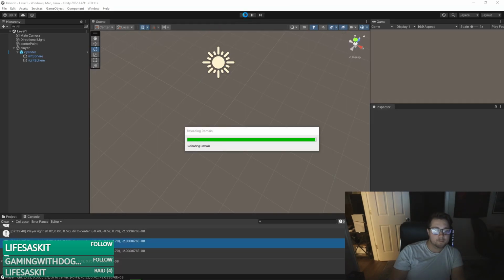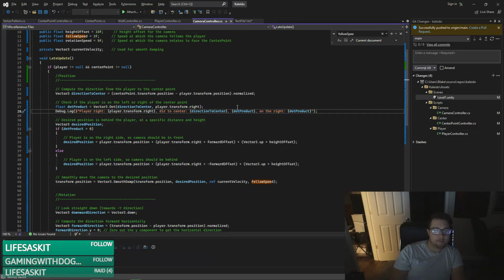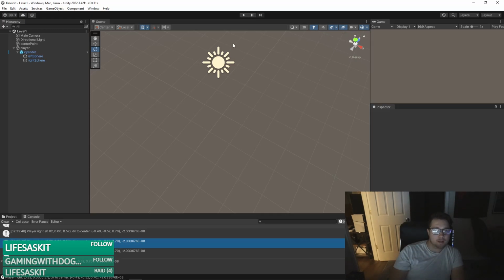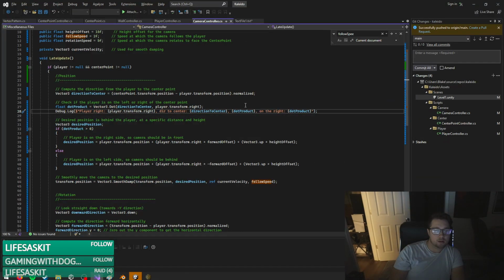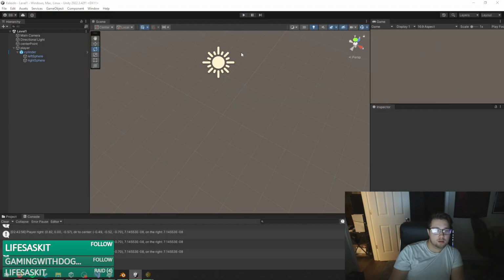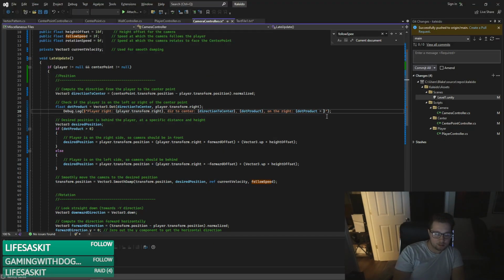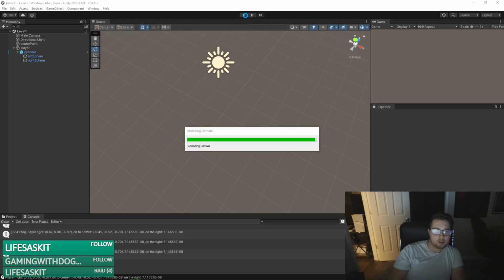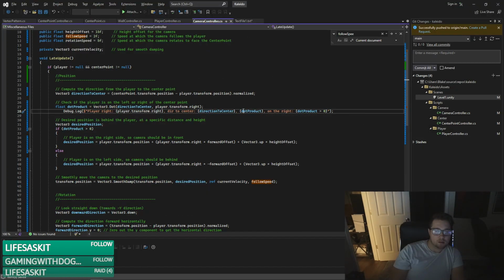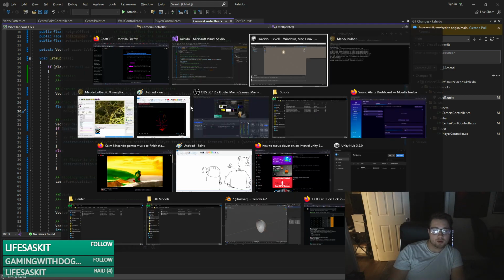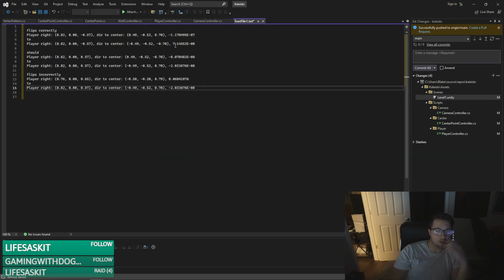We should have done that. Okay, so we're on the right if the dot product is greater than 0.